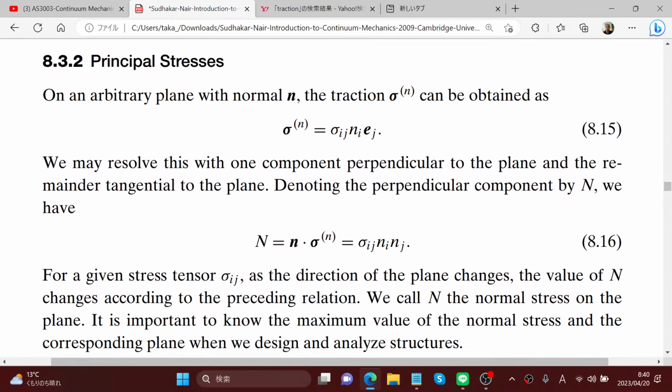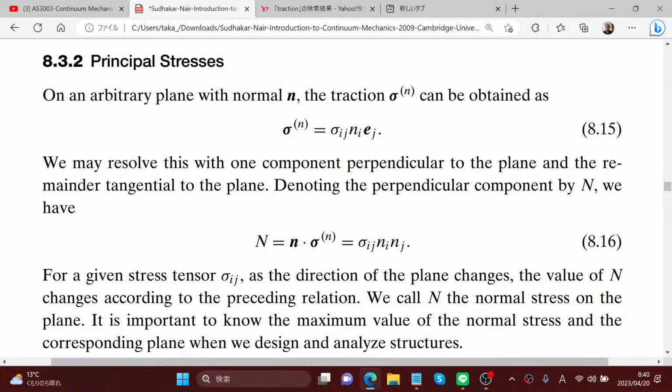The principal stresses on an arbitrary plane with normal n: the traction sigma n can be obtained as sigma n equals sigma ij n j e i.